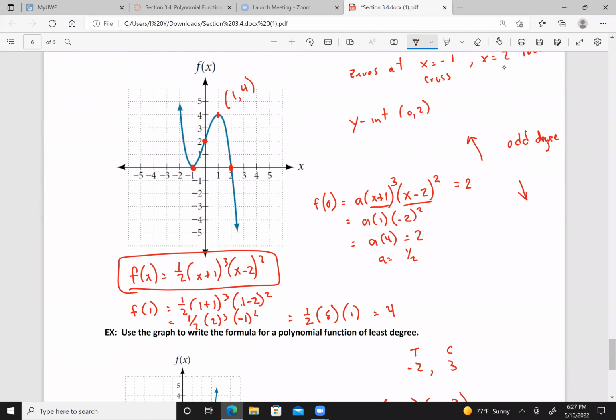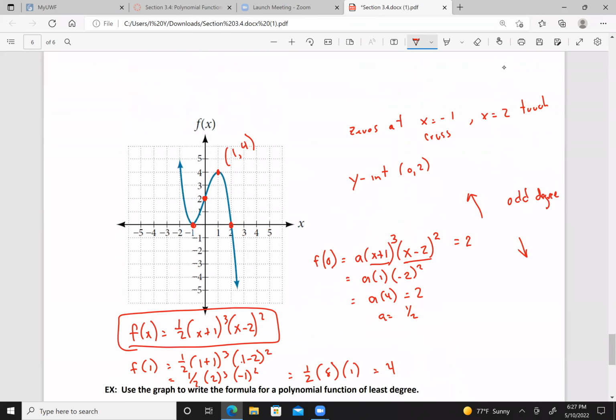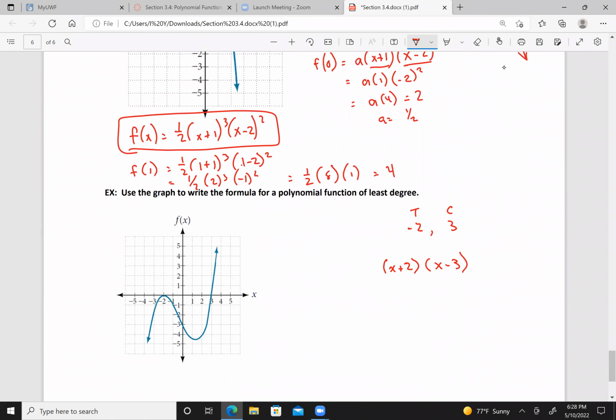Again, this is even, this is odd. So we'll square this. And we have this point here to help us out. F of x equals some value. Okay.